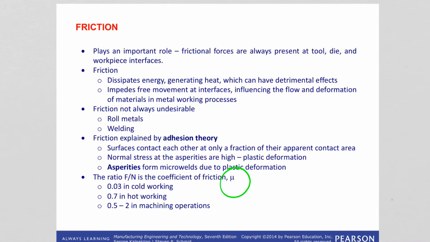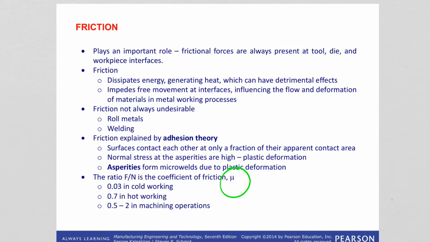This coefficient of friction is usually measured experimentally, and it is a very complex parameter. It will depend on many things: the materials, the process involved, and it will vary significantly from one manufacturing process to another.